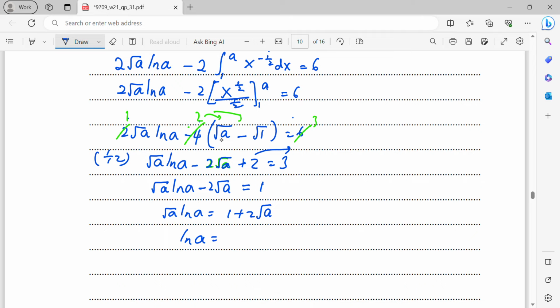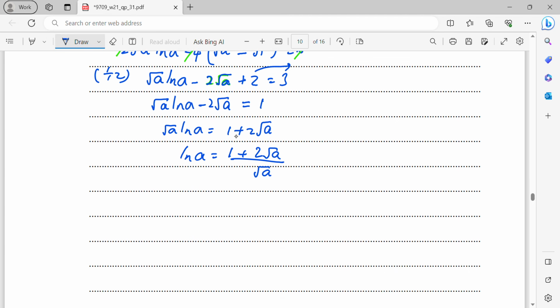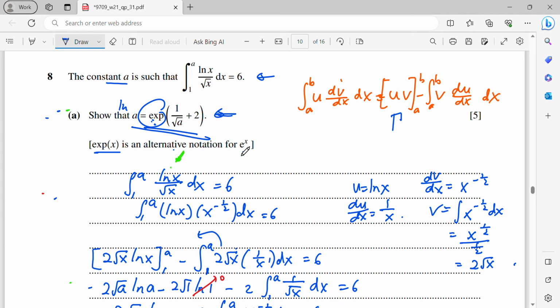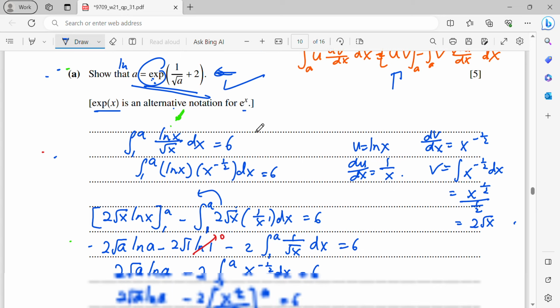Ln a equals to 1 plus 2 square root a divided by square root a. Okay, so from here I can simplify. So 1 over square root a plus 2 square root a over square root a means that it is 2. So now, in order to get a, I will take e both sides. So it means that a equals to exponential 2 plus 1 over square root a, or 1 over square root a plus 2.